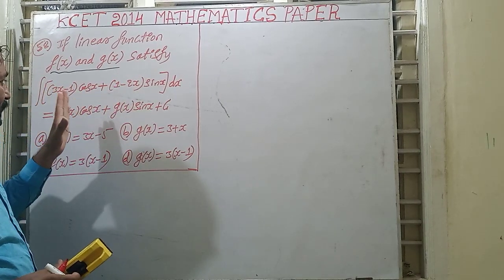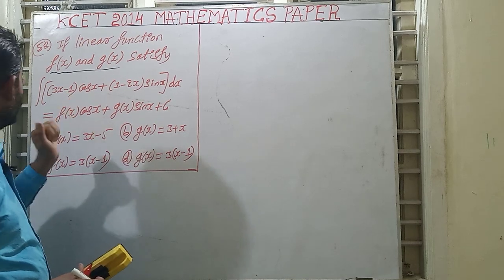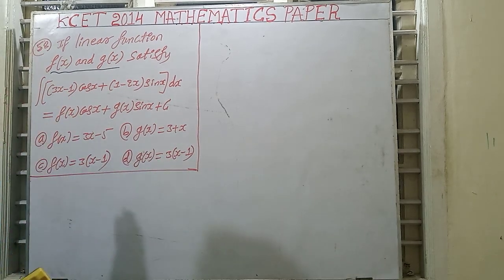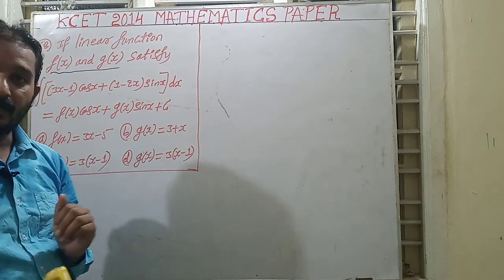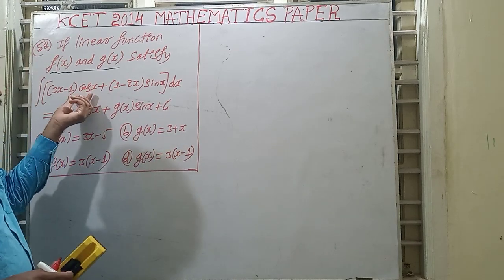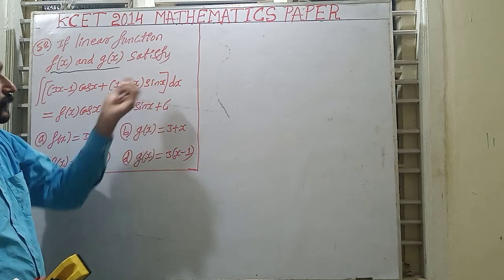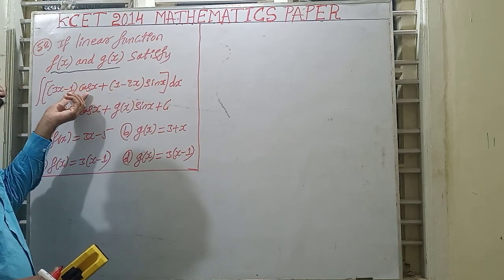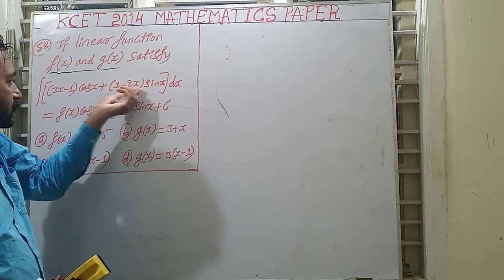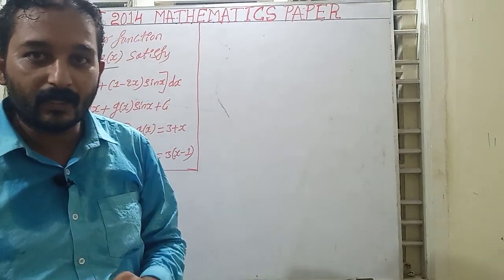Basically it depends on integration by parts. Here two functions are there: 3x minus 1 into cos x, and 1 minus 2x into sin x. So integrate this function and also this function by using integration by parts.